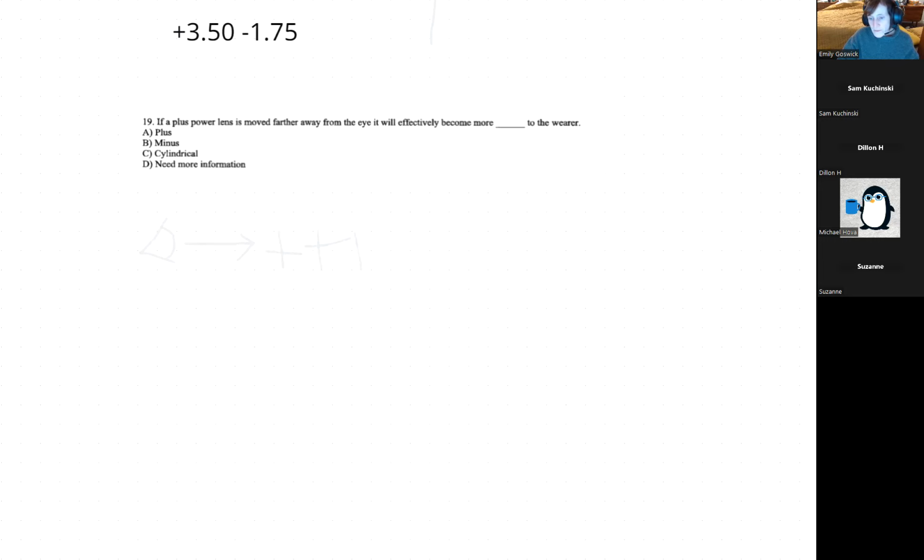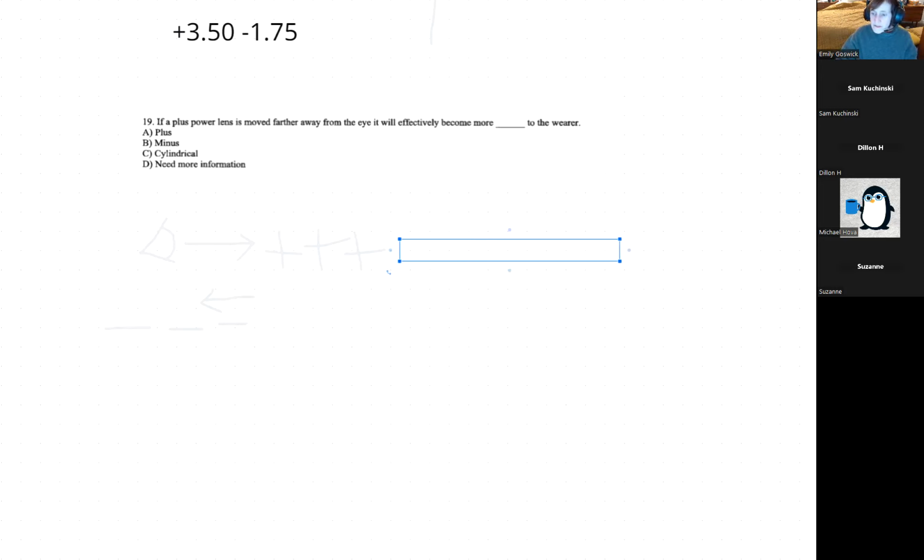And if it was going back towards the eye, then it would gain more perceived minus power. I'll just type it out real quick because I really think the thing to remember is the farther from the eye, the more perceived plus power.